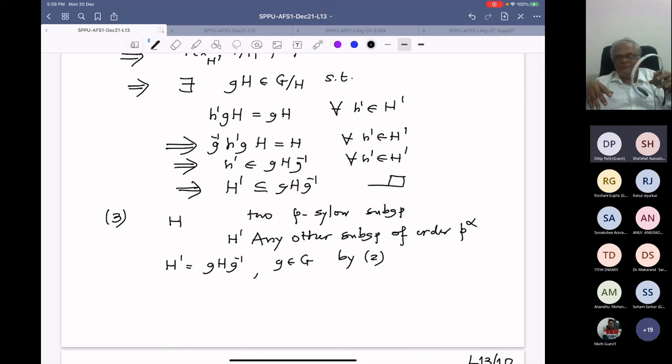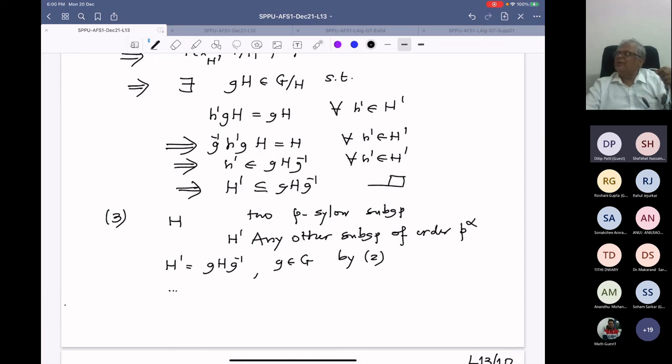But now I need some statement which we have already proved. So how many conjugates are there? So okay, think about this now. I will complete this next time. I will have to recall something which we have proved earlier. All right, I will stop here.